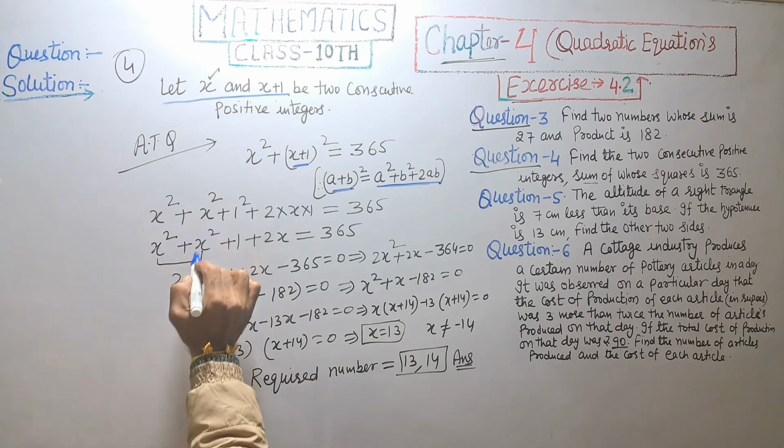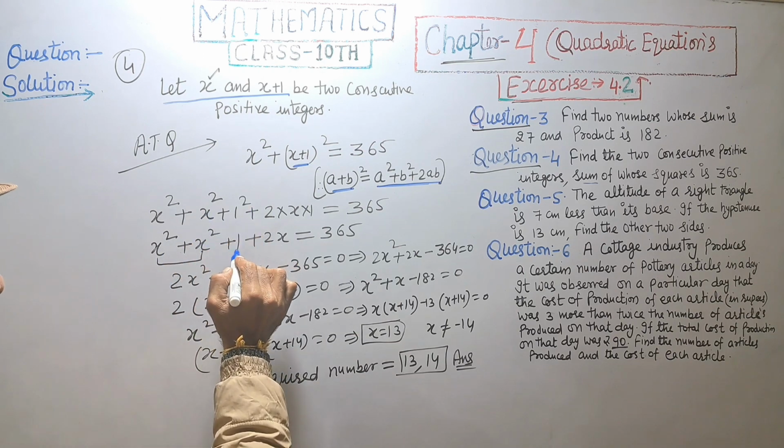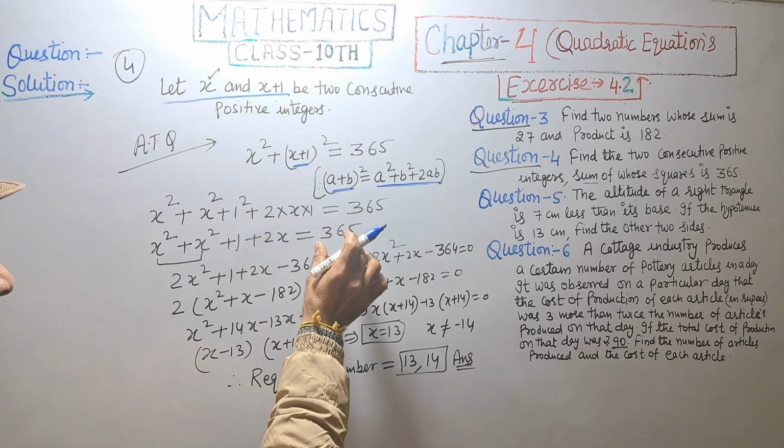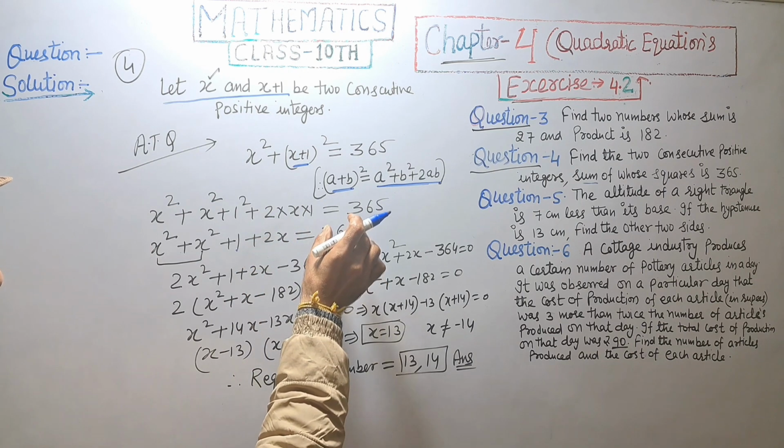So x squared plus 1 squared, that is 1, plus 2 into x, that is 2x, is equal to 365.